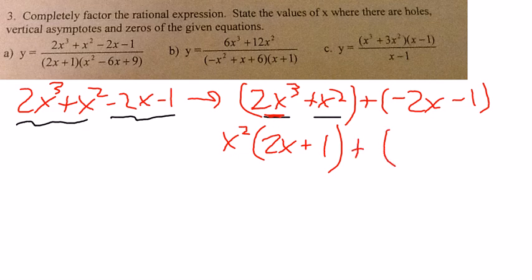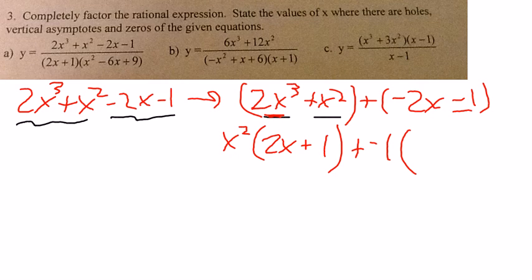Cool? Let's look at our second group. What can we factor out of negative 2x minus 1? Let's factor out a negative 1, because that's our GCF there. Clearly, because that last term is negative 1, you can't really factor anything else out of it. So what are we left with?